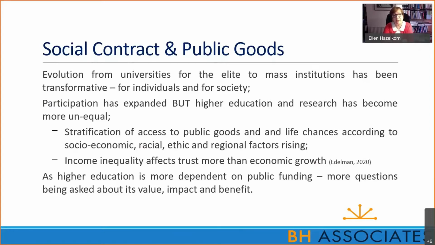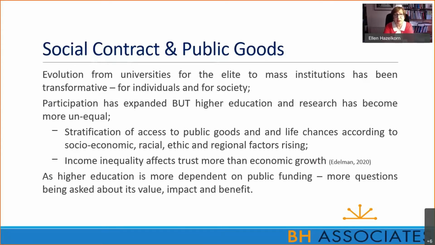And we see increasingly a stratification of access to public goods and life chances according to socioeconomic, social class in the traditional way, race, ethnic factors, regional, urban, rural, and we see how that plays out both politically and in civil disorder. And we also see this issue of income inequality is affecting trust more than issues around economic growth.